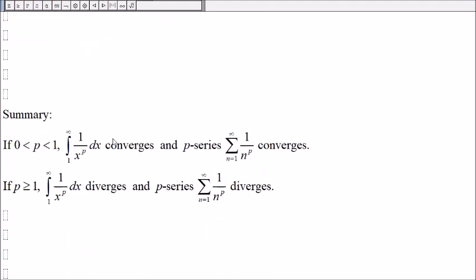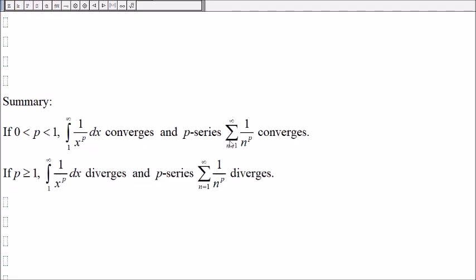And so in summary, if we have a p-series, if p is between 0 and 1, including 1, then the p-series diverges.